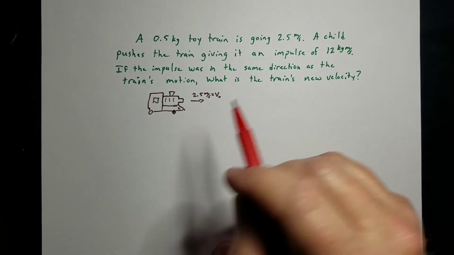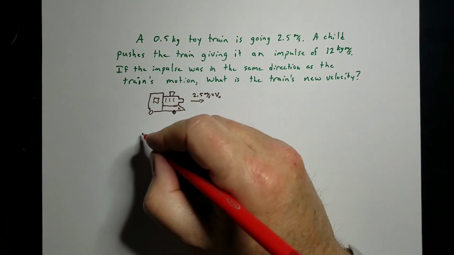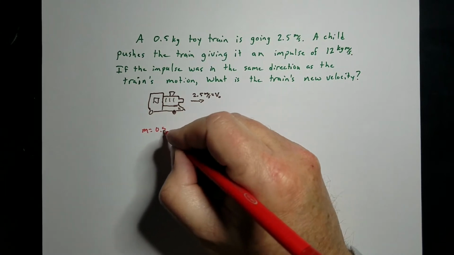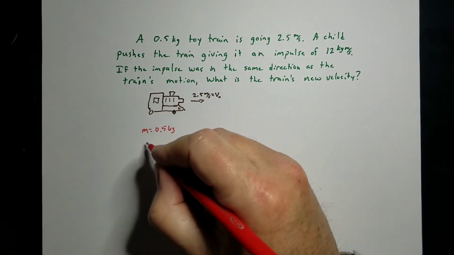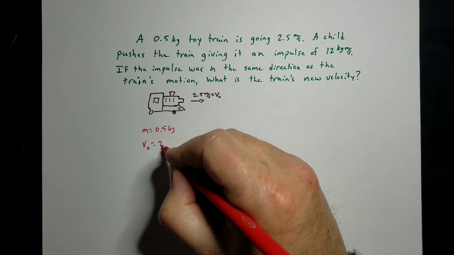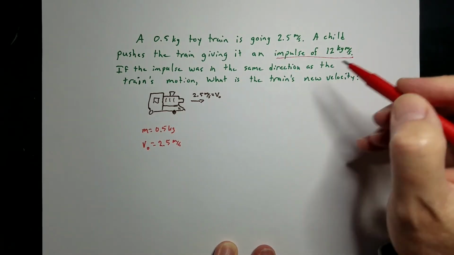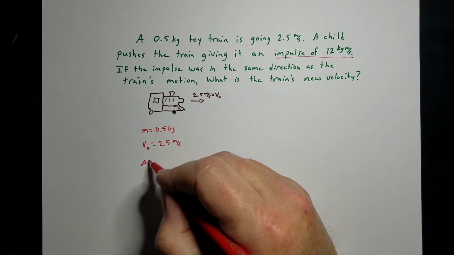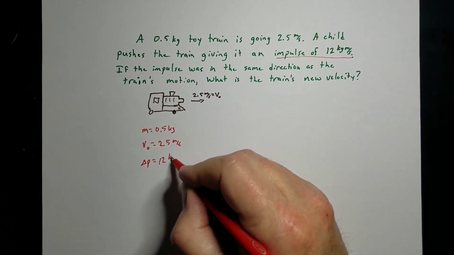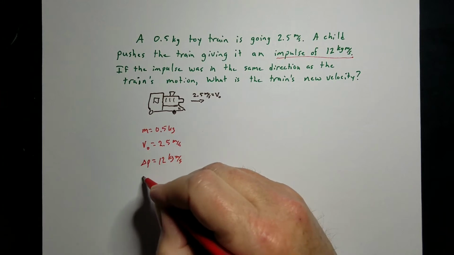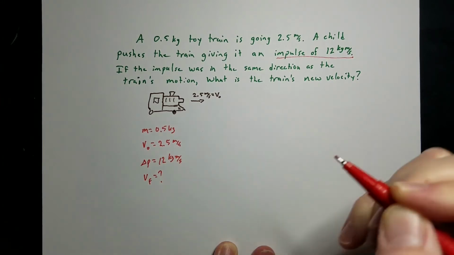So again, I've got a mass of half a kilogram. I've got an original velocity of 2.5 meters per second. In this case, I've got an impulse of 12 kilogram meters per second. And I'm looking for the final velocity.